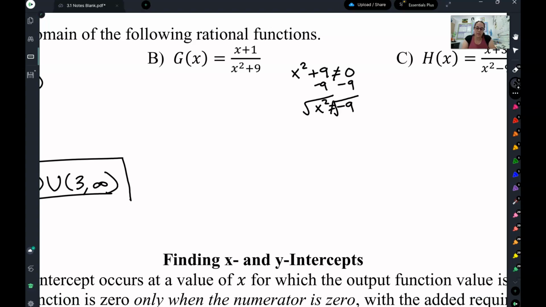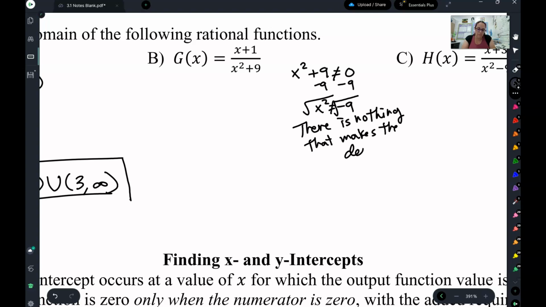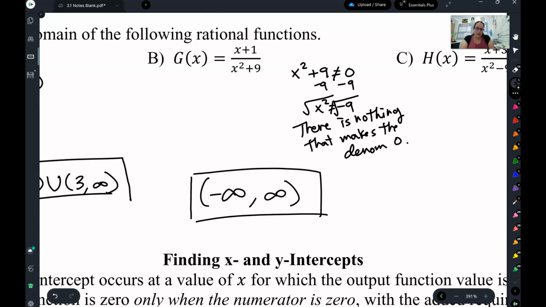So there is nothing that makes the denominator equal 0. Only imaginary things are going to make the denominator equal 0. So then our domain is everything, negative infinity to infinity.